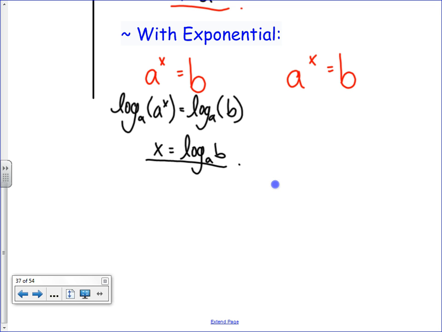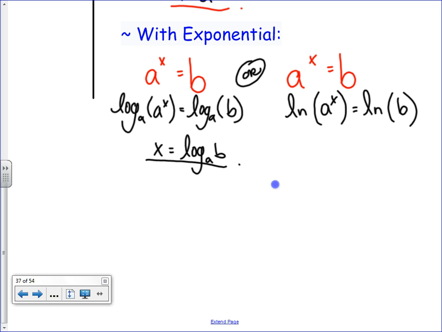And that's not bad. It's not bad. But I don't think it's greatest because I wrote a different way. And so the different way, I could take one of my nicer logs like ln or like common log. And I could do that to both sides. Now, if I did that to both sides, well, what can I use in order to get that x out of the power?